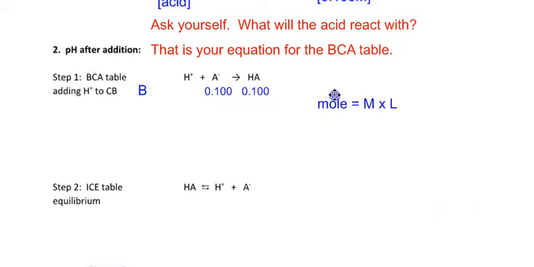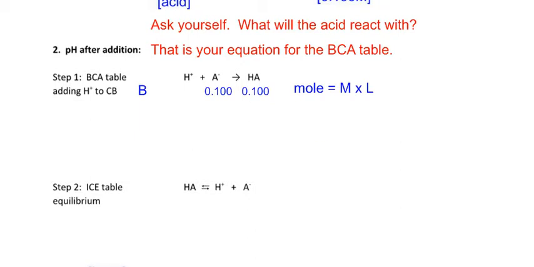It's equal to molarity times liters. That's why we had to know it's in a 1 liter container. So you take your 0.1 molar times your 1 liter, and this is 0.100 moles. If you want to squeeze that in when you're writing, be my guest. I can't fit that in typing. And so that's my before, before I do anything.